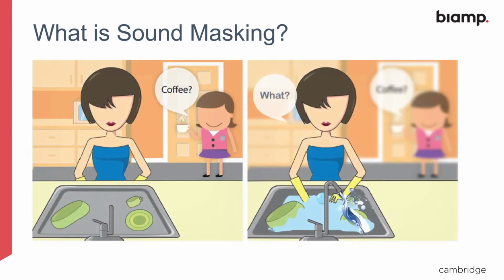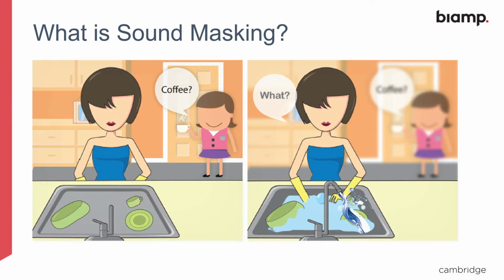But as a really base example, if you see the image that we have on screen there, the person in the background is asking the person in the foreground, so the lady with the pink asking the lady in the blue, do you want coffee? Yeah. Now, if there's no masking or hiding of her voice speaking to the lady in the front, then she can hear her clearly.